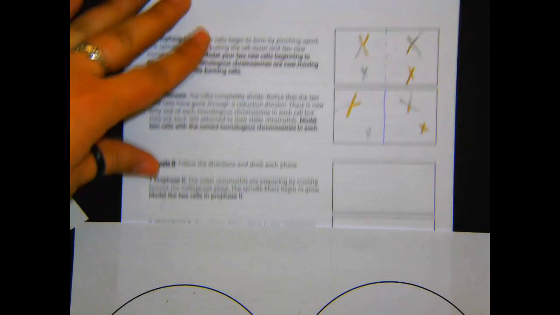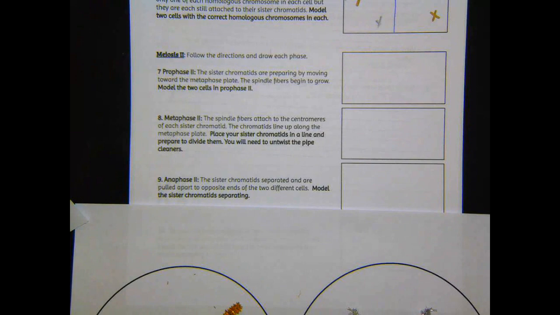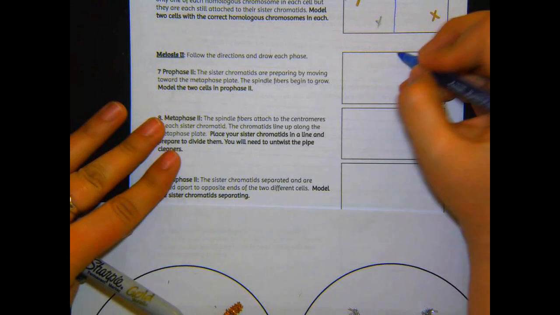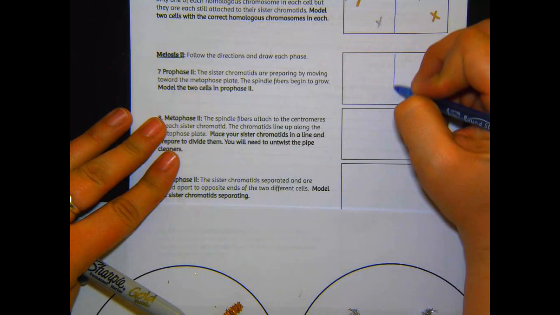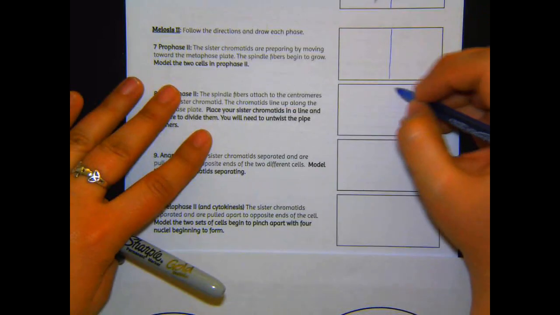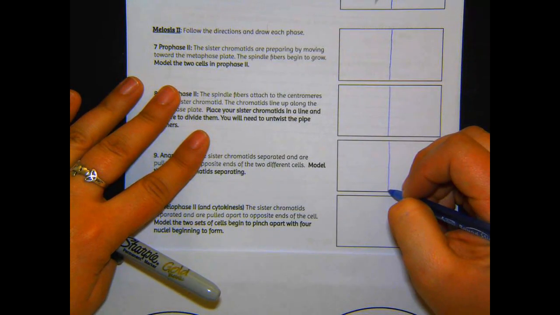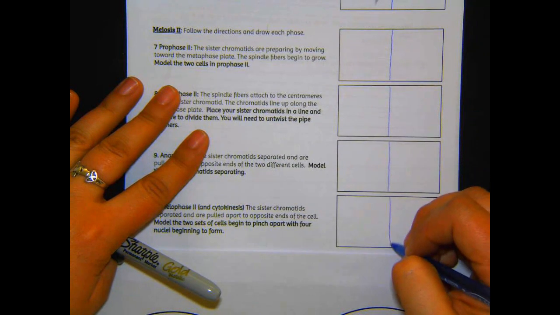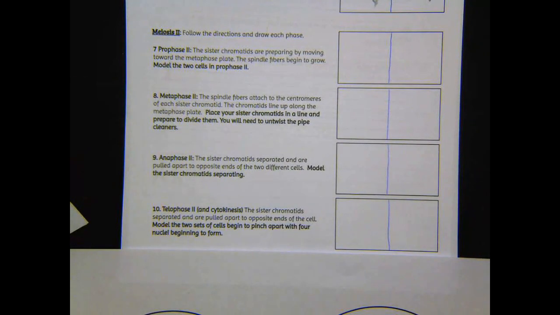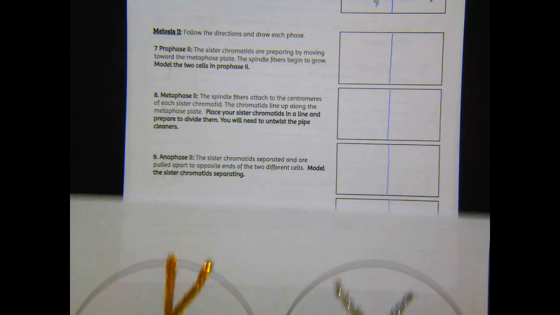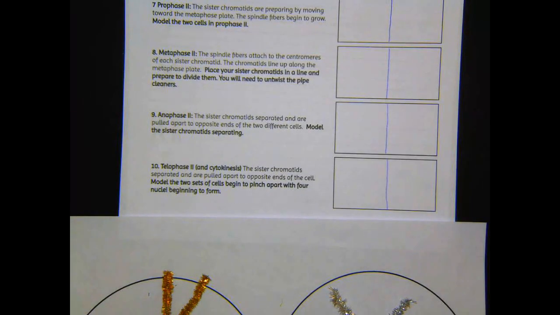Then just keep going. Prophase, well, I know I have 2 new cells. So I'm actually going to divide each of these boxes because I'm never going to go back to 1 cell. I'll always have at least 2. Anaphase, the sister chromatids separated and pulled apart to opposite ends of the cells.